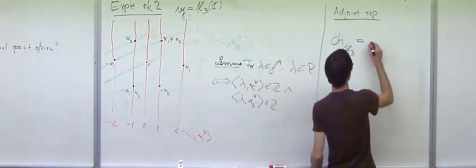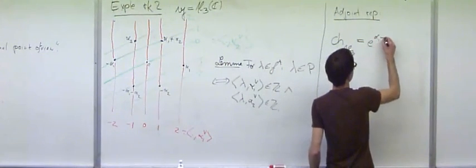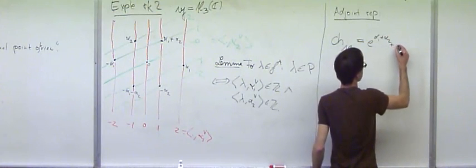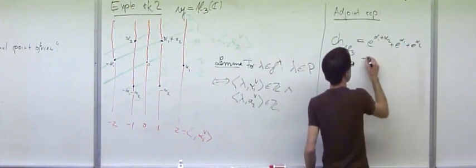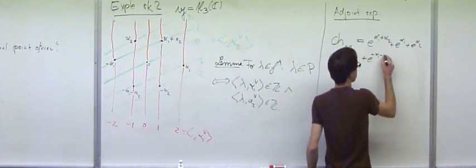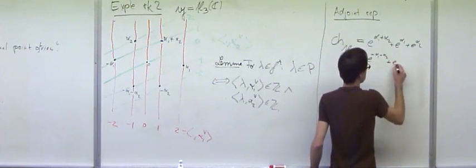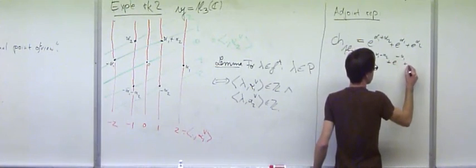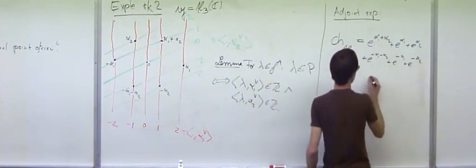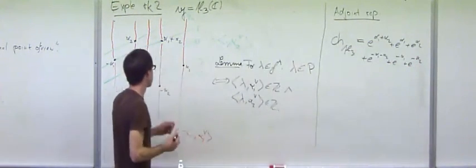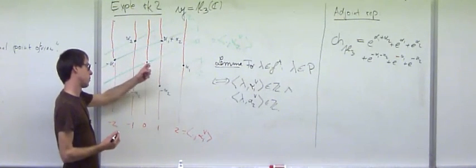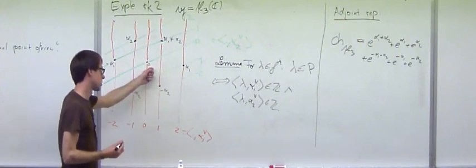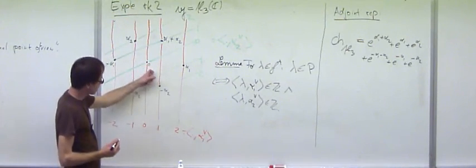So this is e to the alpha 1 plus alpha 2, plus e to the alpha 1, plus e to the alpha 2, plus e to the minus alpha 1 minus alpha 2, plus e to the minus alpha 1, plus e to the minus alpha 2. And then 0 is also a weight, and the corresponding weight space is two-dimensional, because these are the diagonal matrices, right?